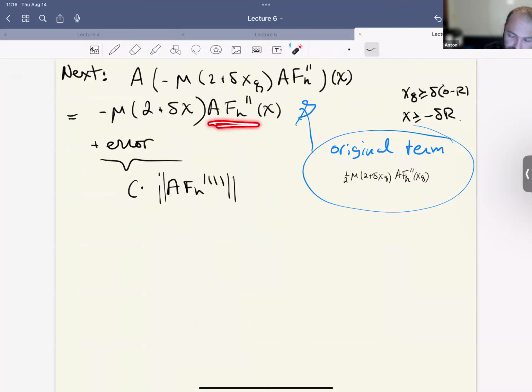Basically, we're saying AF double prime, it's almost C2. So if AF is almost C4, AF double prime is almost C2. Okay, and that is how I get the extra delta squared coming out here. There. I think I confused people, so let me pause here if there are any clarifications.